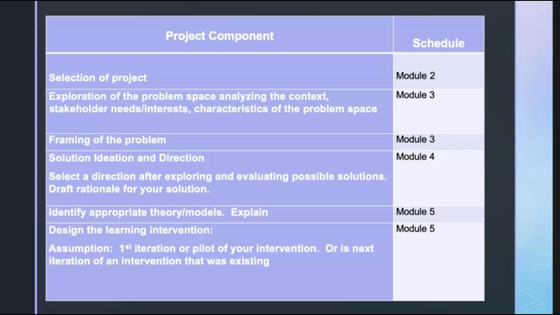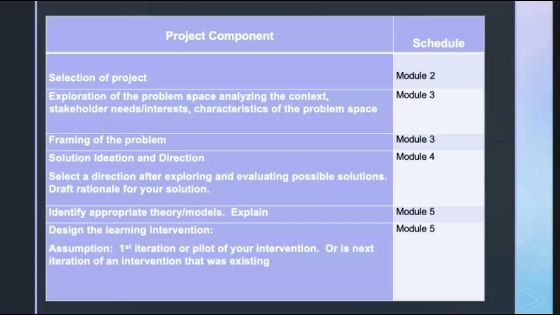In Module 5, I'll ask you to be identifying appropriate learning and instructional theories and learning and instructional models based on your problem space and also the type of intervention you're thinking about designing. I'll also ask you to start drafting out the design for your learning intervention.